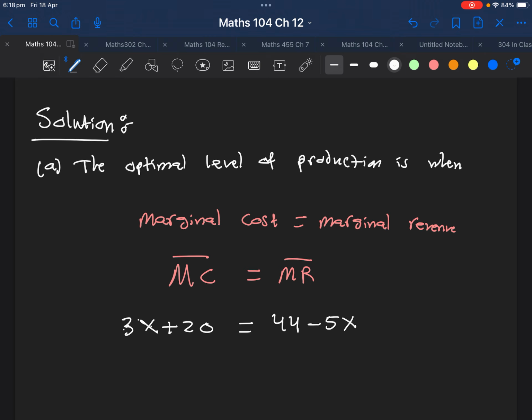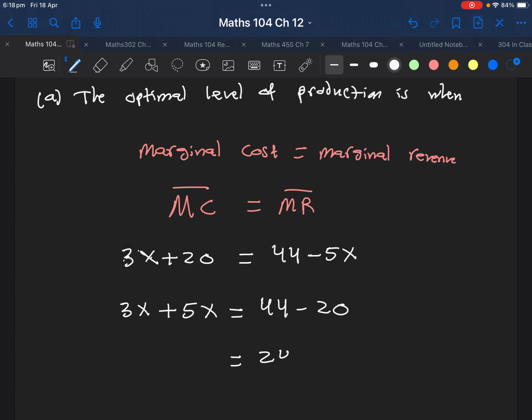The next step, just move x to the one side. So if you move x to this side, it will be plus 5x. So you will get 3x plus 5x equal, if you move 20 to the other side, it will go with a negative sign, so it will be 44 minus 20.